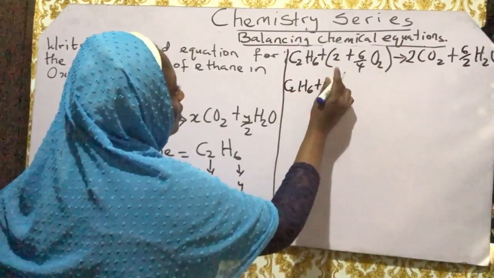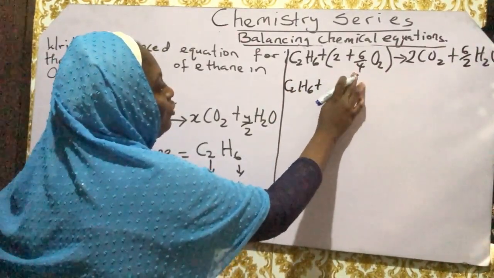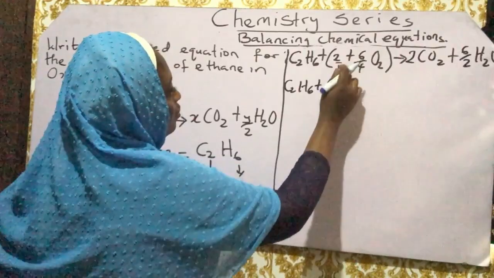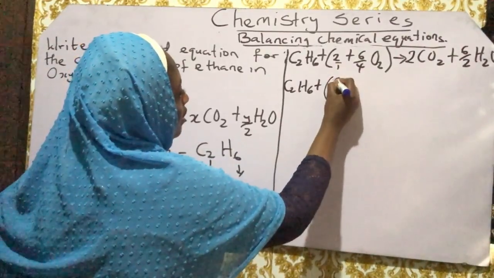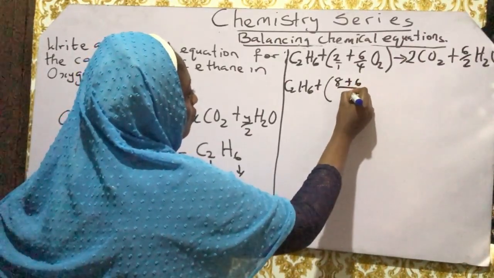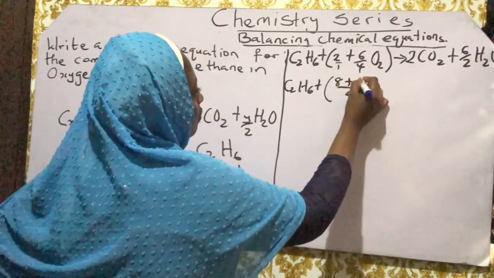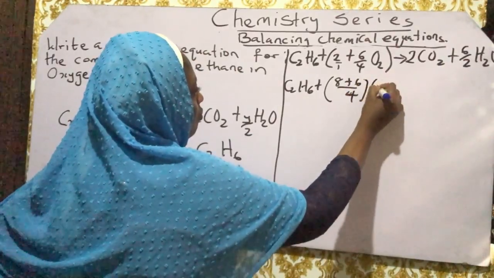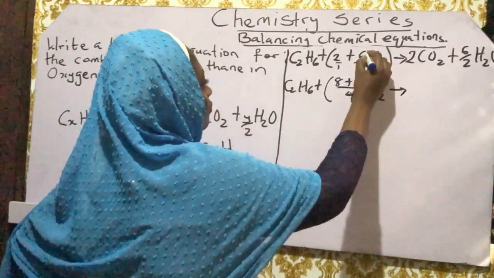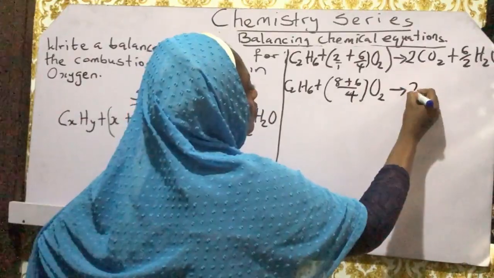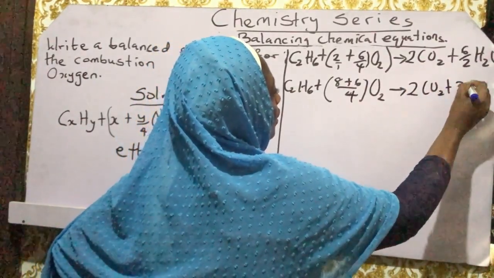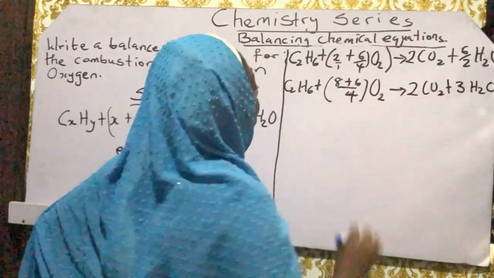So we have C2H6 plus, now let's try to turn this into a single fraction. So this is like 2 over 1. Just cross multiply. 4 times 2, 8. 1 times 6, 6 over 4. O2 to give 2CO2 plus 6 divided by 2 gives 3H2O.